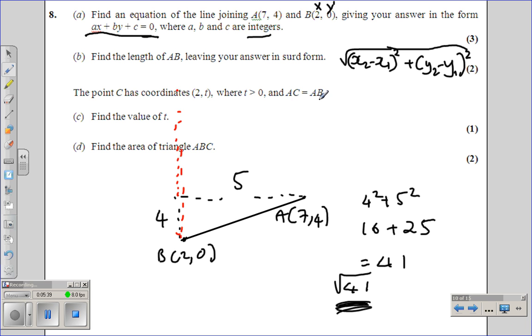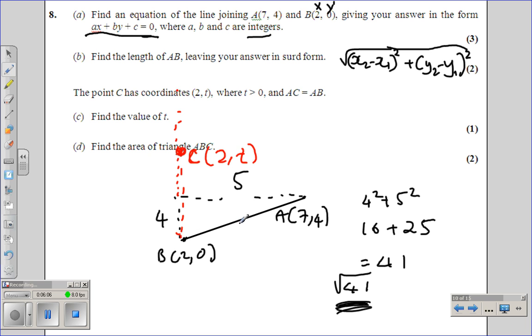It says that AC equals AB, so the distance from A to C is the distance from A to B. So it makes it like an isosceles triangle. A to B is the same as A to C, so about here. So that is (2, t). We've got a nice isosceles triangle there. We have to find the value of t.